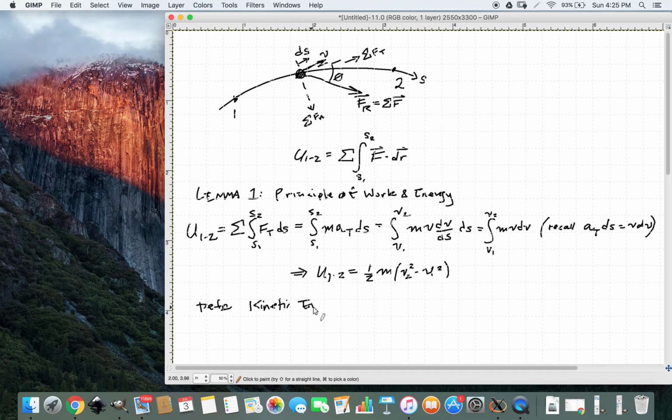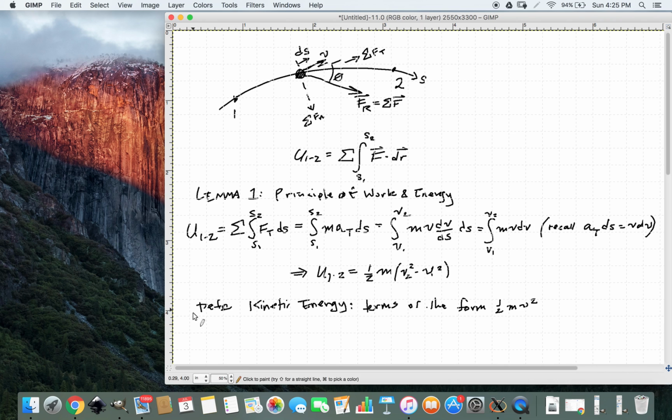And I don't want to say too much in words about what kinetic energy is. We're going to get to that soon. But for now, let's say kinetic energy is a quantity that's expressed in terms of the form 1/2 mv squared, a familiar notion to all of you from prior physics classes.